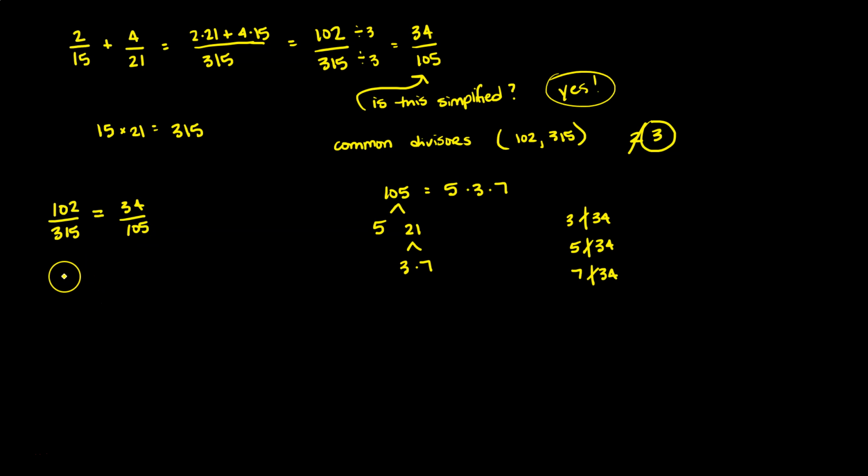Multiply through by your denominators, you get 105 times 102, and that's equal to 34 times 315, and we can check that on a calculator. 105 times 102 is equal to 10,710. And then 34 times 315, that's equal to the same, 10,710.